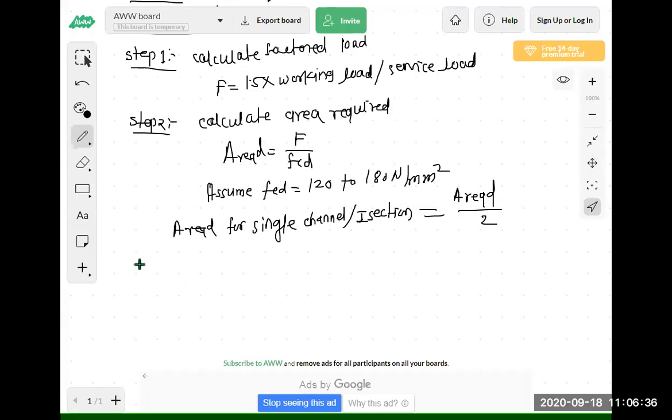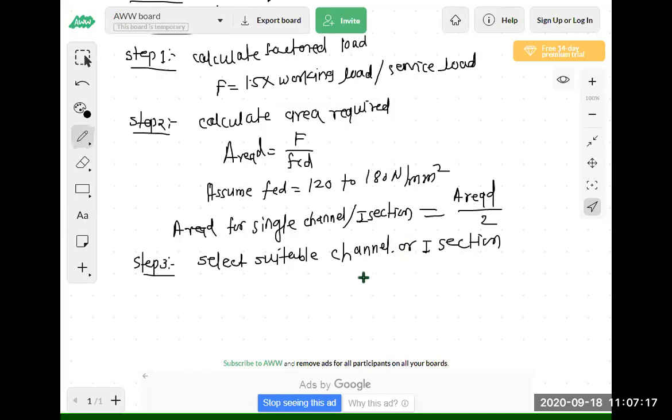Now step number 3 is select suitable channel or I section, because whatever requirement is given in the example, if they tell you to provide a channel section or an I section, depending upon the requirement we have to choose the channel section or I section.